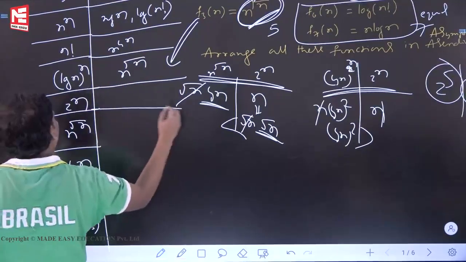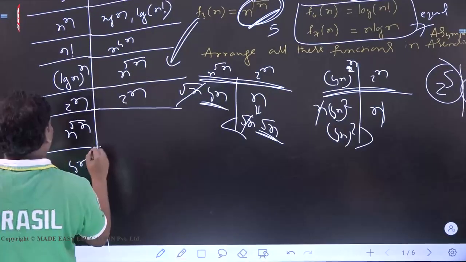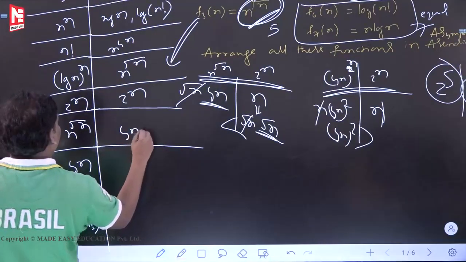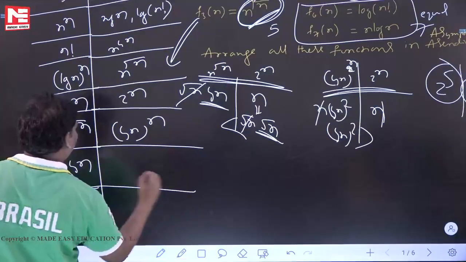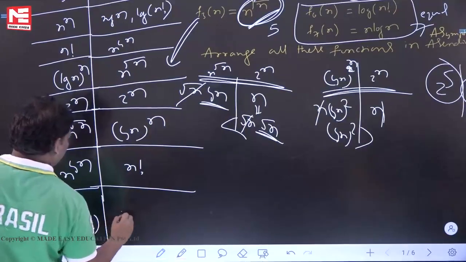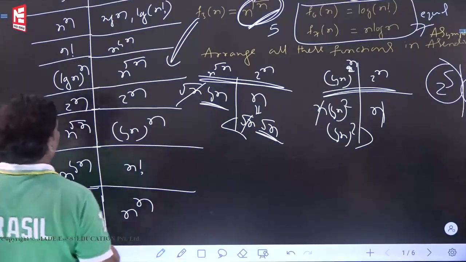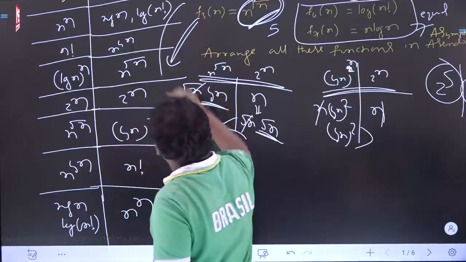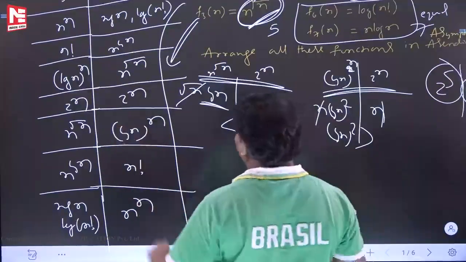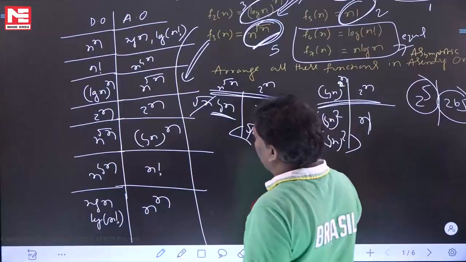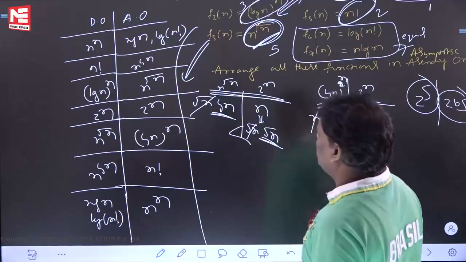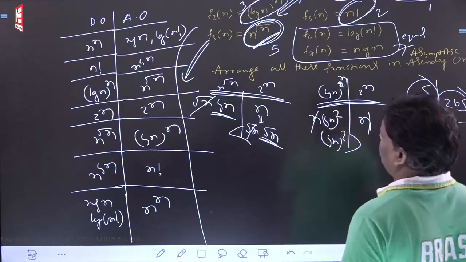Number 4, 2 power n. Next one, log n power n. Next one, n factorial. Next one, n power n. This is the ascending order, and that was the descending order. Everyone knows this. This is the answer for this problem.